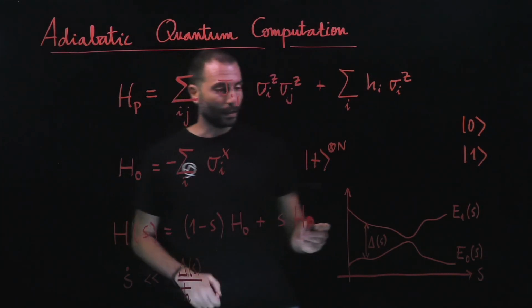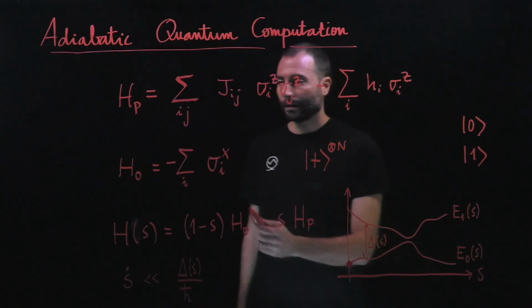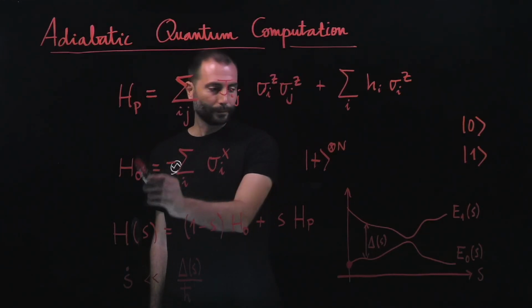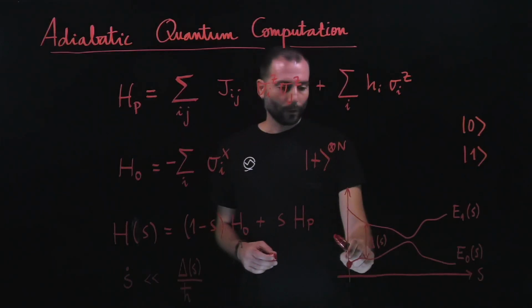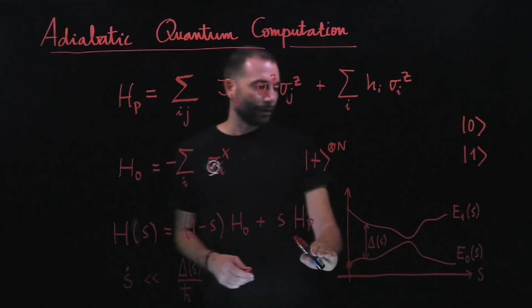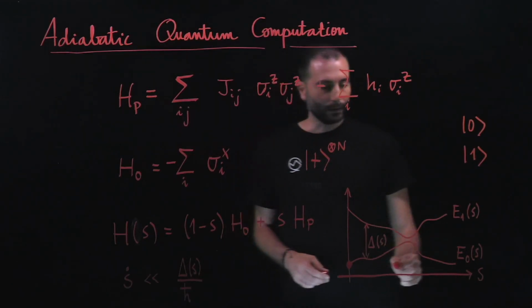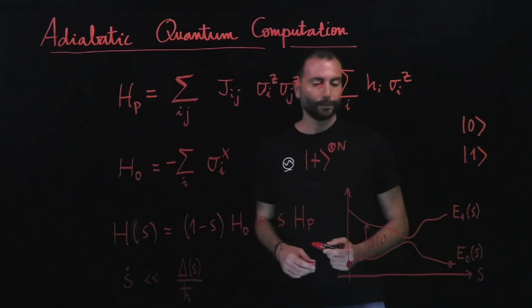In our case, as we start in the ground state of this mixing Hamiltonian, if we perform this interpolation respecting this condition in the whole annealing process, what we are guaranteed is that after the annealing process, we will remain in the ground state.